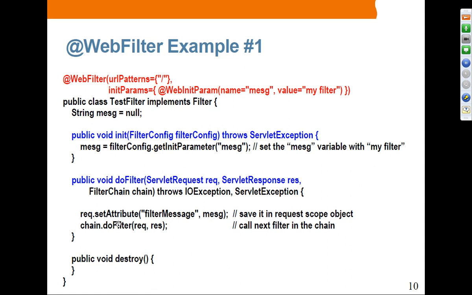Later on in the request scope, I should be able to call getAttribute providing filterMessage, and the value returned is going to be my filter. Then I call the next filter in the chain. So in this case, we are just using a filter to set this filterMessage attribute in the request scope.